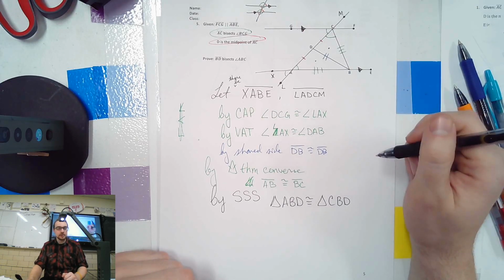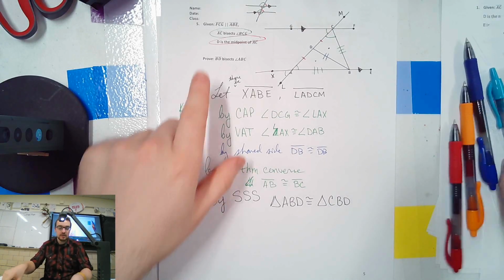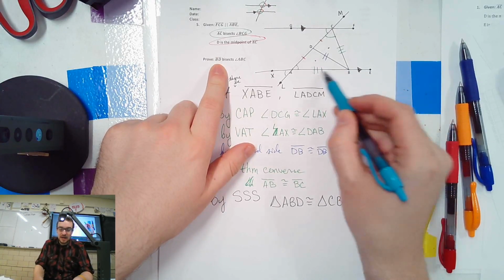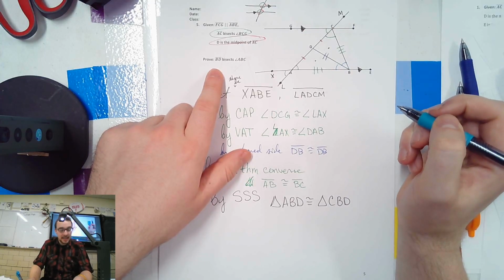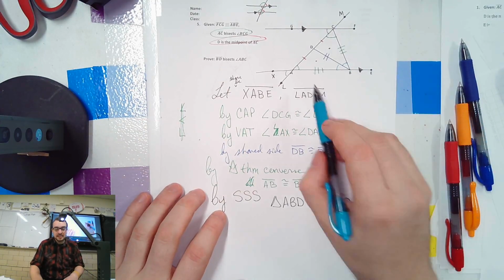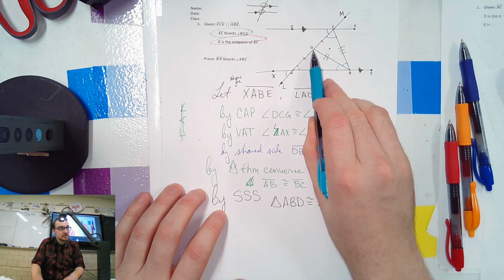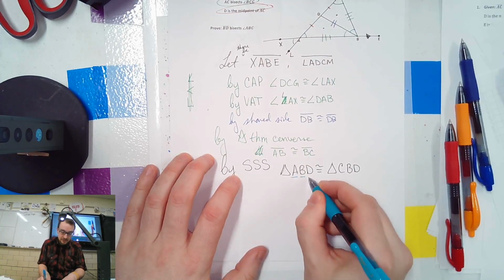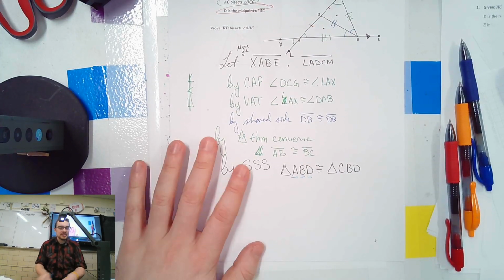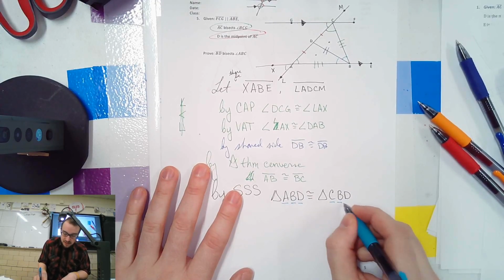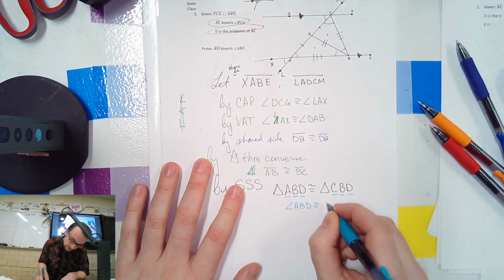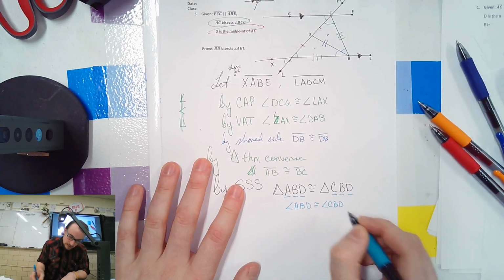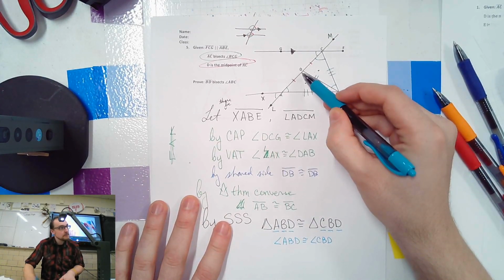So these two triangles are congruent, which means their parts are. So remember, I want to prove that this guy bisects this angle. So I want to prove that this angle and this angle are the same. And I can because CPCTC, right? That's angle ABD, first, second, third, perfect order, should be congruent to CBD. And that is this angle.